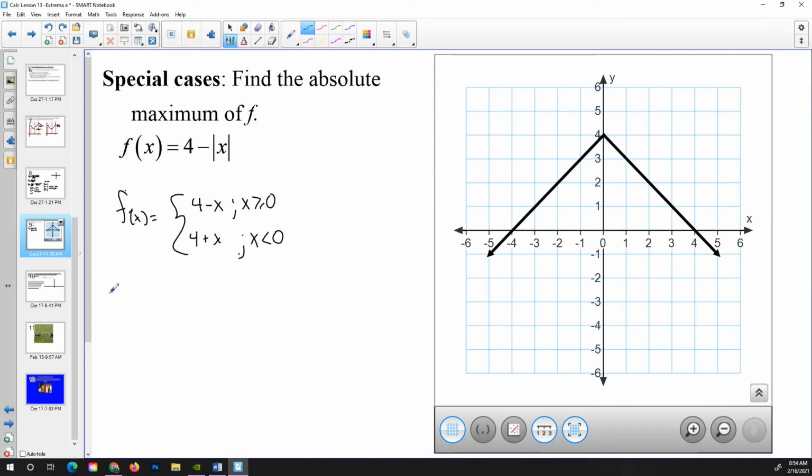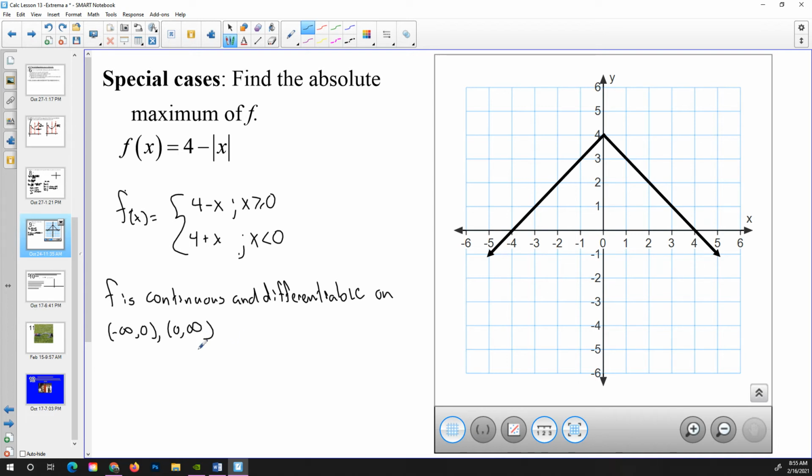And so we know that f is continuous and differentiable on the two intervals from -infinity to 0, and then from 0 to +infinity, because they are just linear functions, and all lines are both differentiable and continuous.